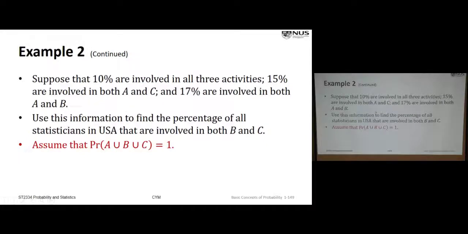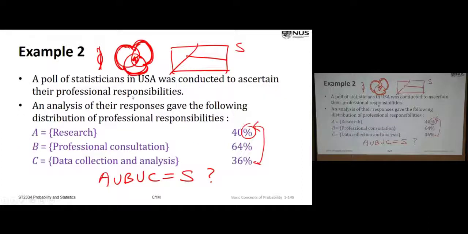In order to proceed, we have to assume that. Otherwise, we cannot proceed. In other words, knowing all these probabilities, all these percentages, will not tell you whether A union B union C is equal to the sample space.